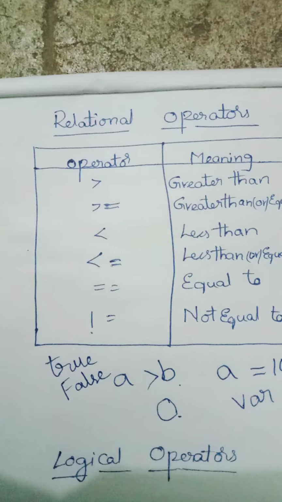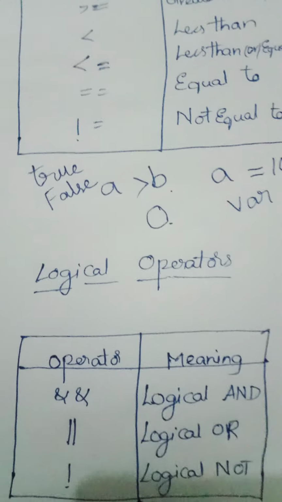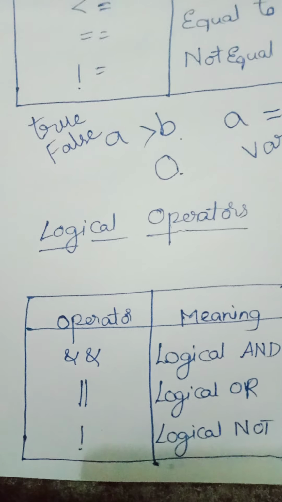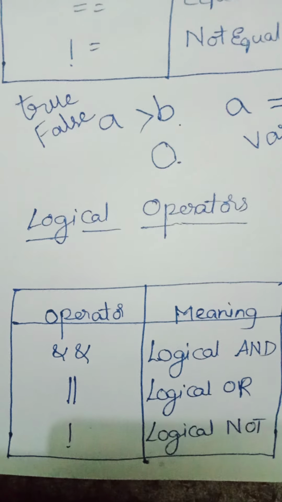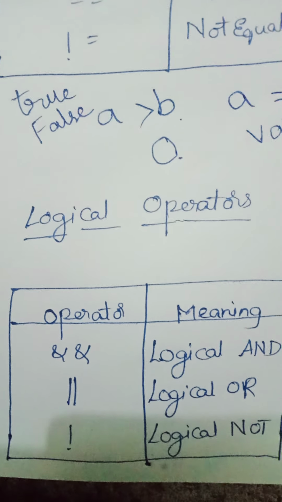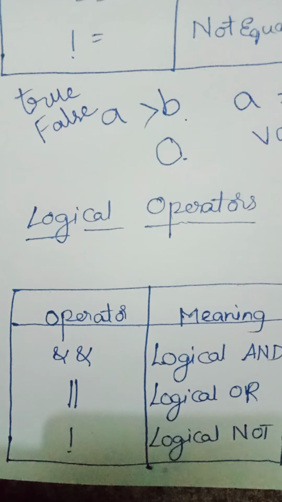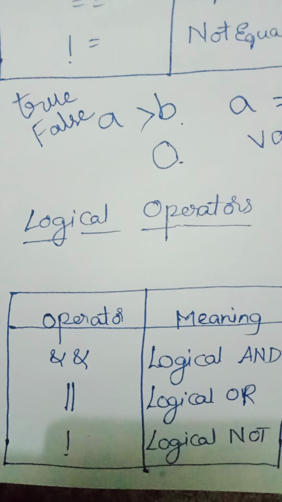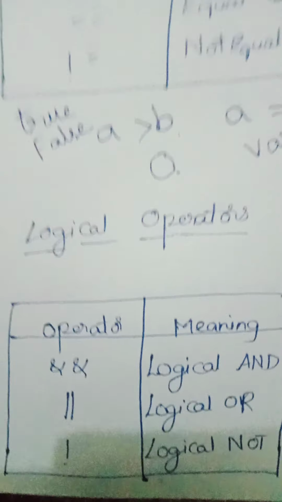Now, we will discuss the logical operators. Logical operators are the symbols that are used to combine or negate expressions containing the relational operators. There are 3 logical operators.